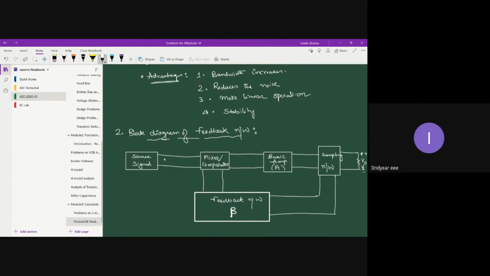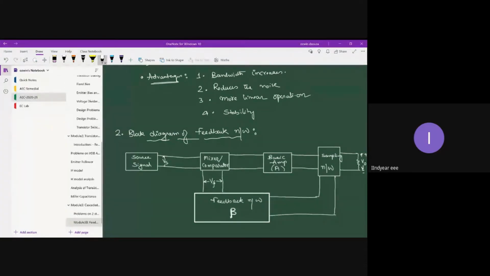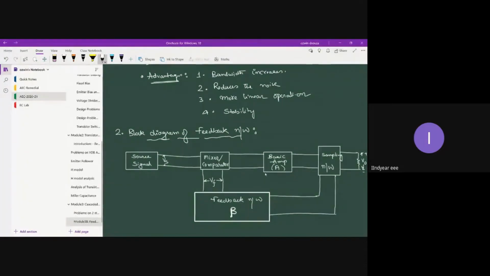So let us mark different signals. Let us define source signal as VS, and the feedback signal as VF. So this is our source signal, and VF is our feedback signal, and VS and VF will be compared in the mixer, and we'll get the input signal VI.